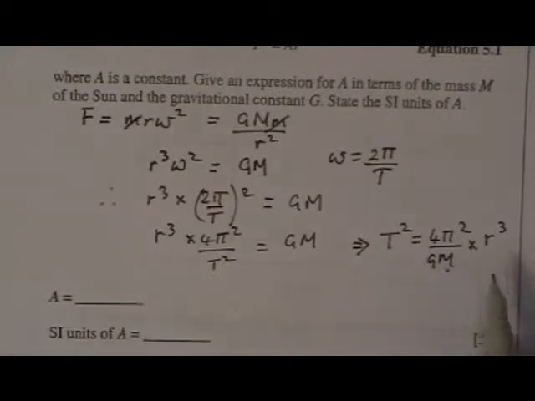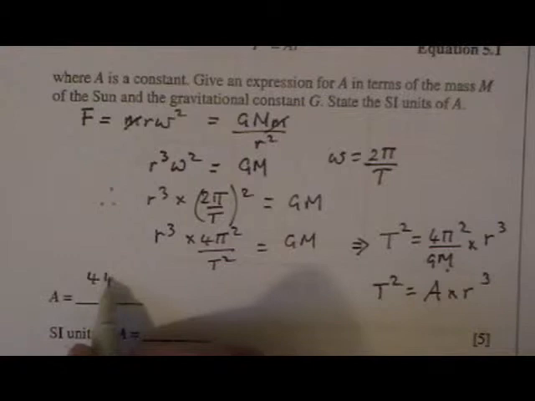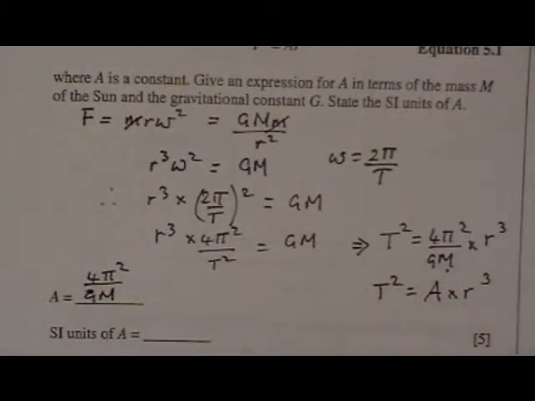So we've got t squared equals a times r cubed, where a is 4 pi squared over G times M.